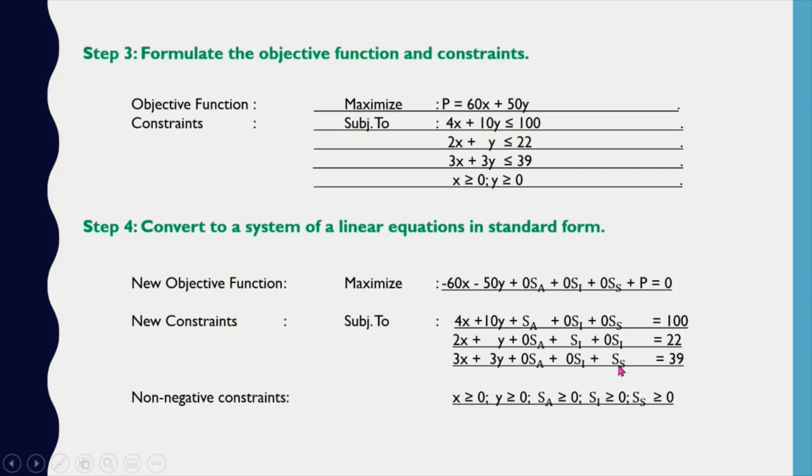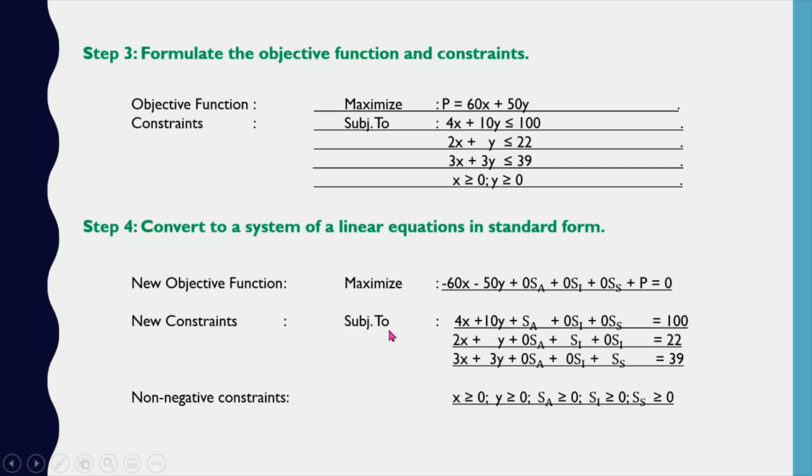So I write SA, which means slack variable for assembly, SI, slack variable assigned for inspection, and SS, slack variable assigned for storage space. Initially our profit has no value for slack variables because this is equal to our artificial variable, which we use as P.